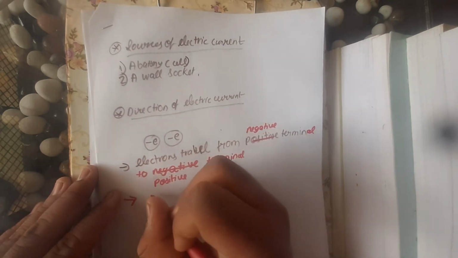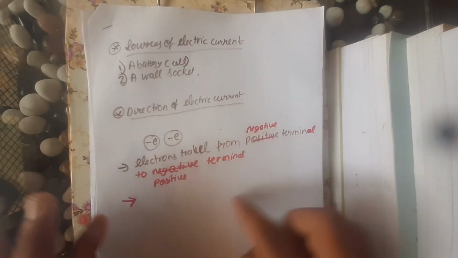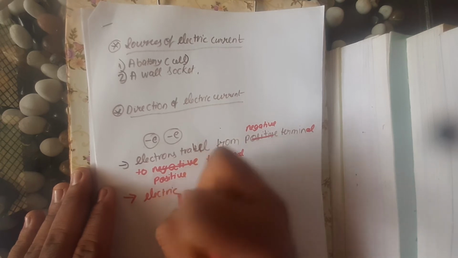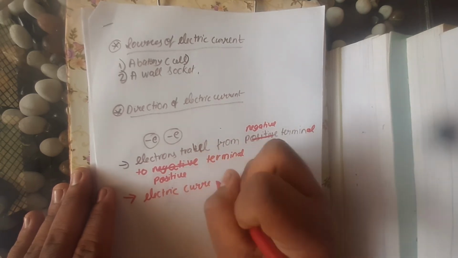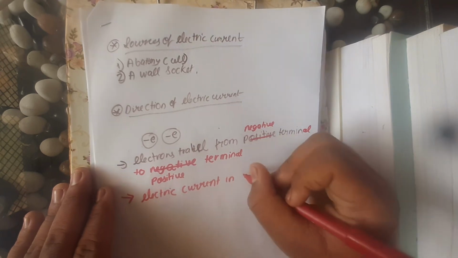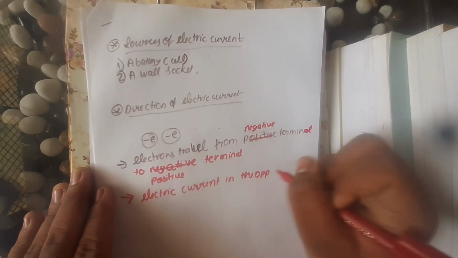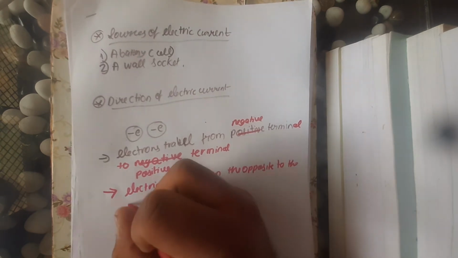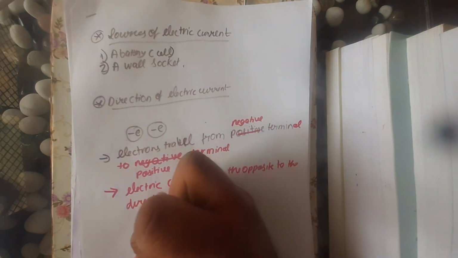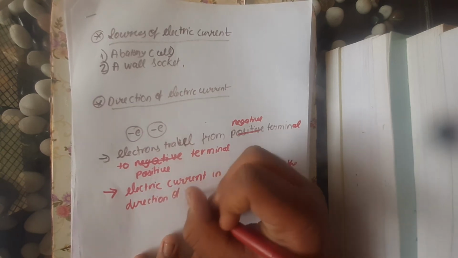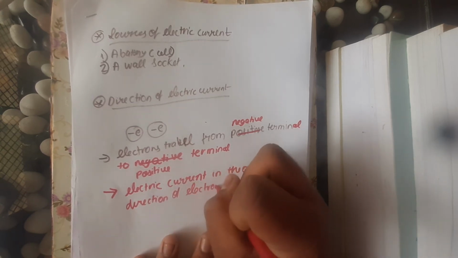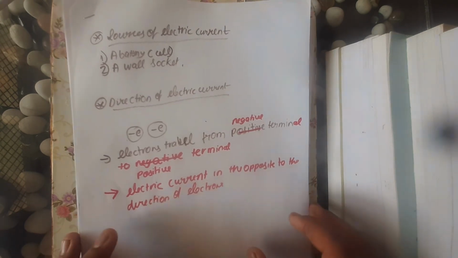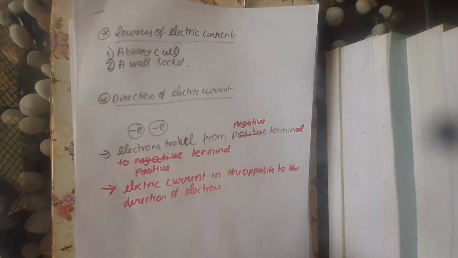Okay. And because of their movement, electric current flows in the direction opposite to the direction of electrons. As electrons are moving from negative terminal to positive terminal, the tendency of electric current is to move in the opposite direction of electrons.